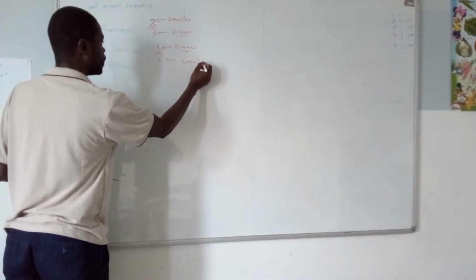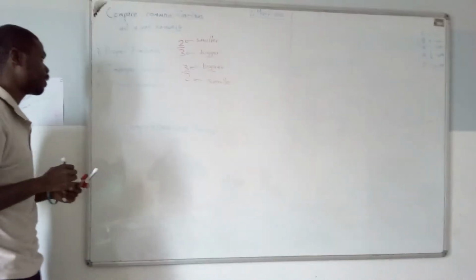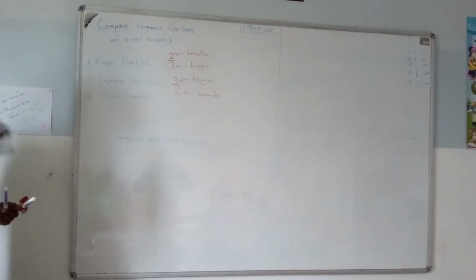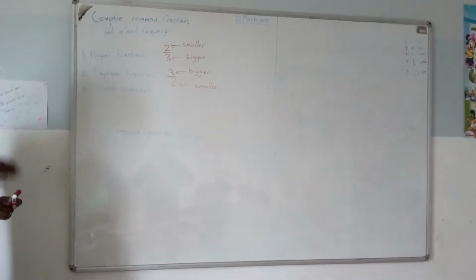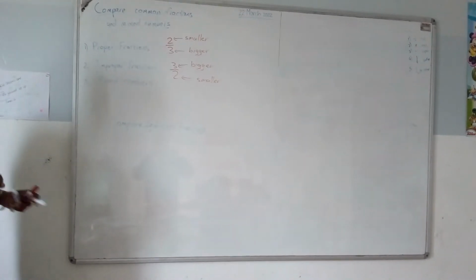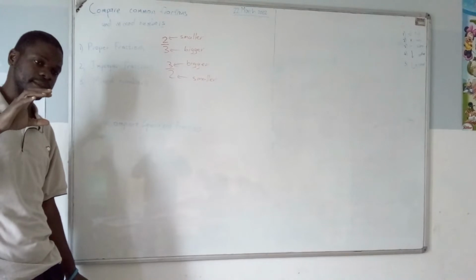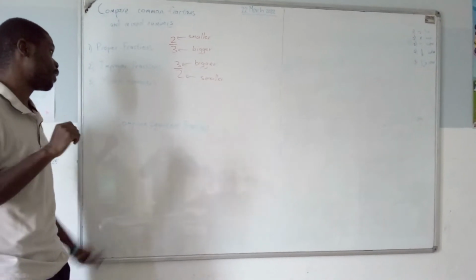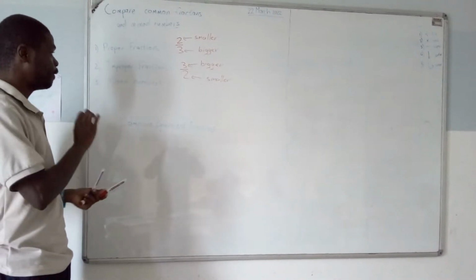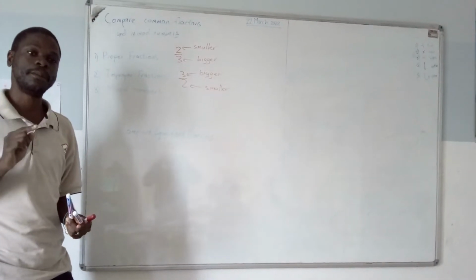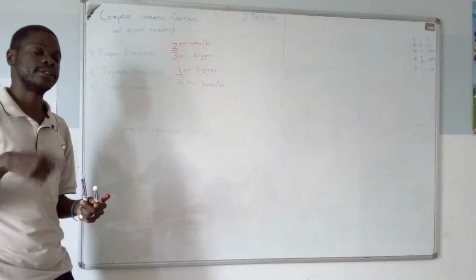Please remember that, this is what you're going to write down in your books. So those are the two types, proper and improper. If the numerator is bigger, it's improper, but if the numerator is smaller, it's proper.